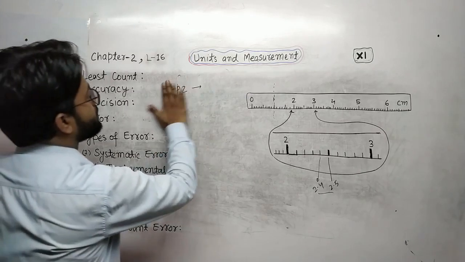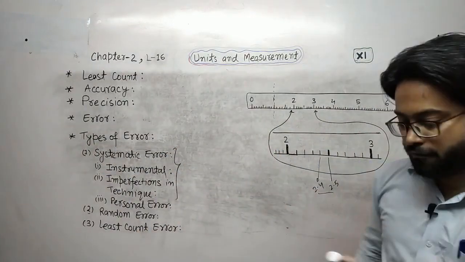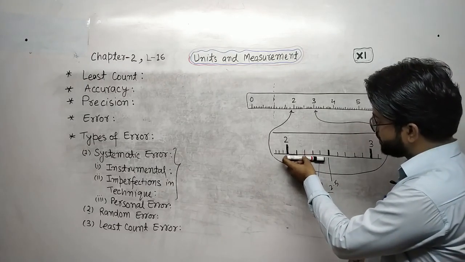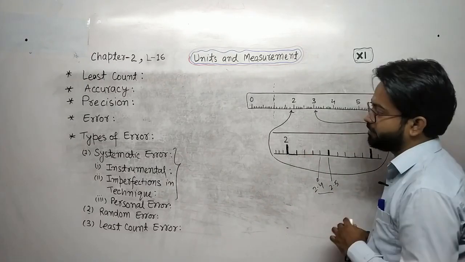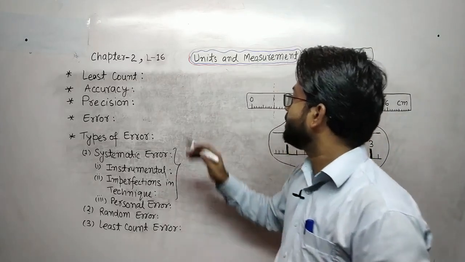Least count error means if you are measuring the length of this marker, there may be a measurement of 2.4 or 2.5, there may be a certain difference.